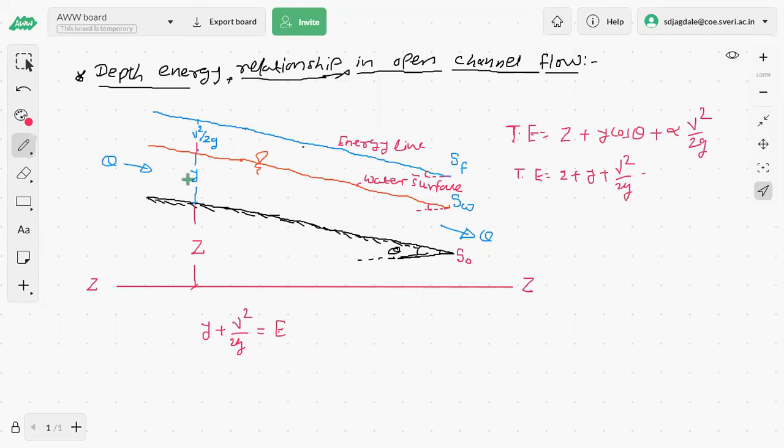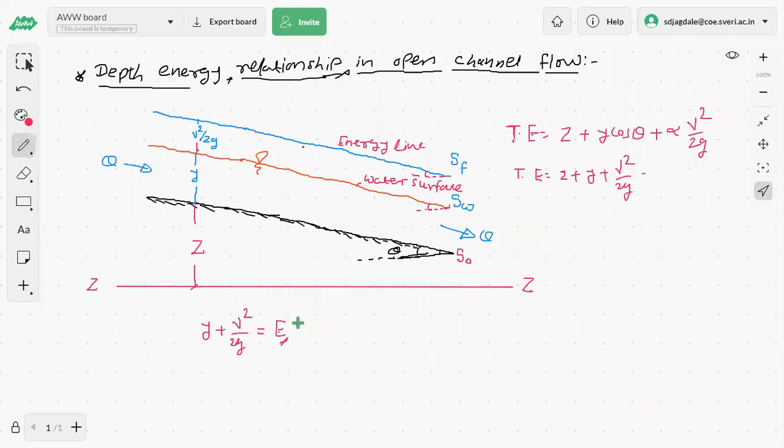So the specific energy for this channel is the energy per unit weight of water with respect to the bottom of the channel, where the datum is the channel bottom.